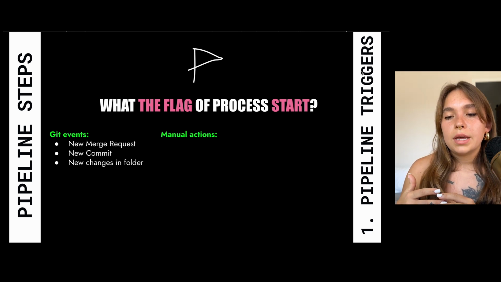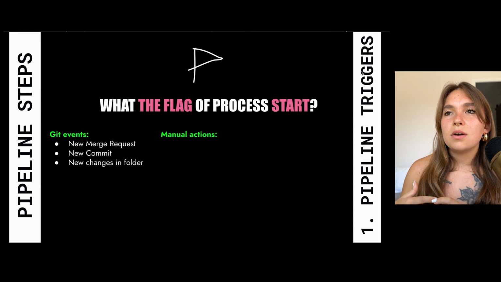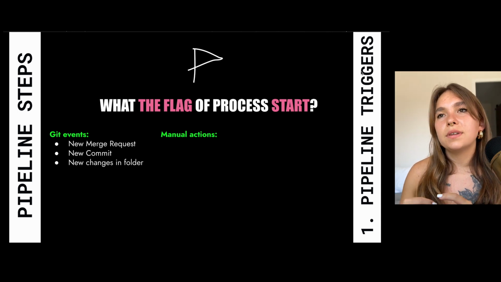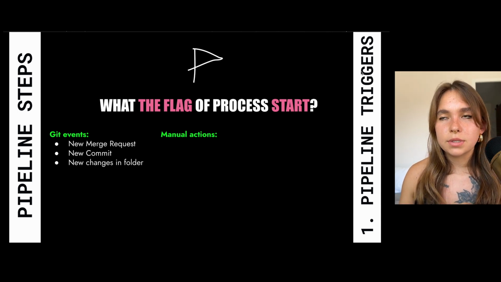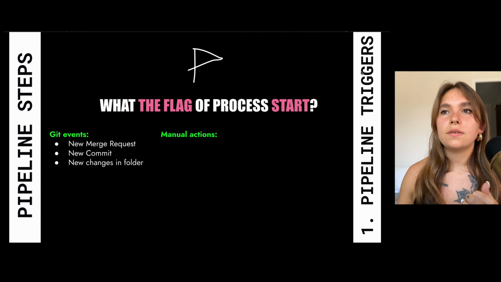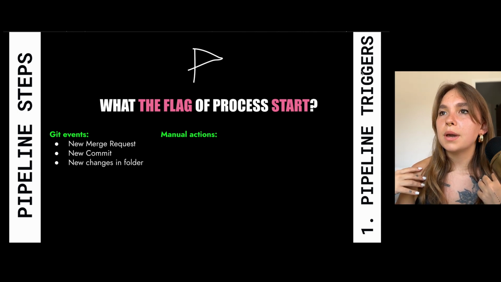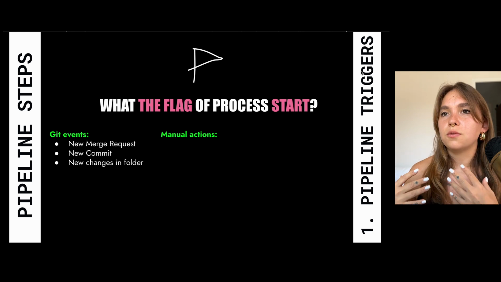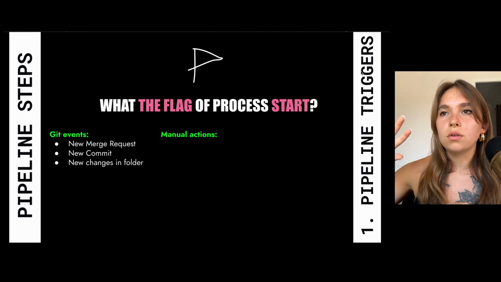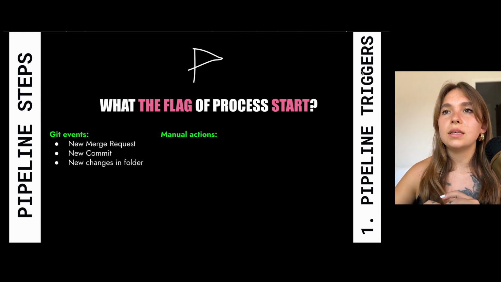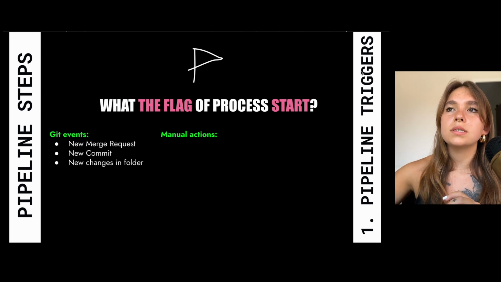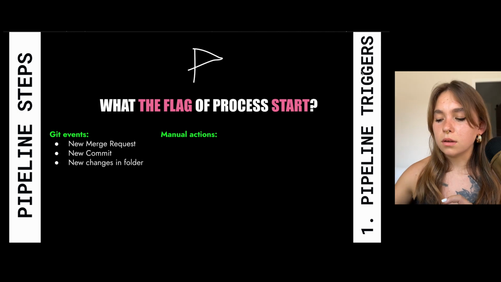Then you have manual actions, and I would prefer to use them only if required. For example, sometimes you have a main responsible QA for the day who is checking all merge requests, and he can manually say this is fine, we allow this pipeline to go further.